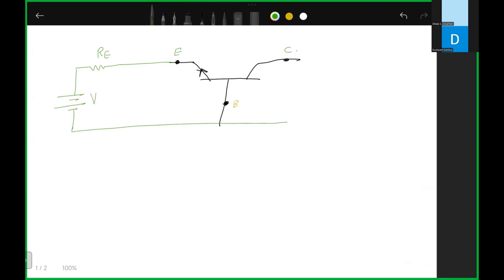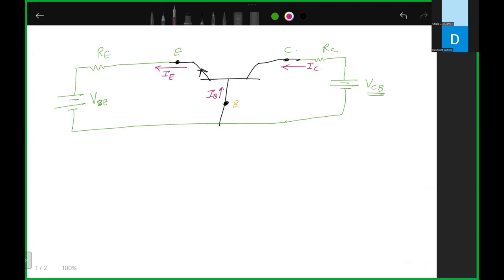So this is your VBE, base to emitter voltage, and we are taking the output at the collector terminal, and that is VCB voltage. This is RC resistance. The direction is not correct: the IE current is going in this direction, so IB will be coming in, and IC is also coming in like this.